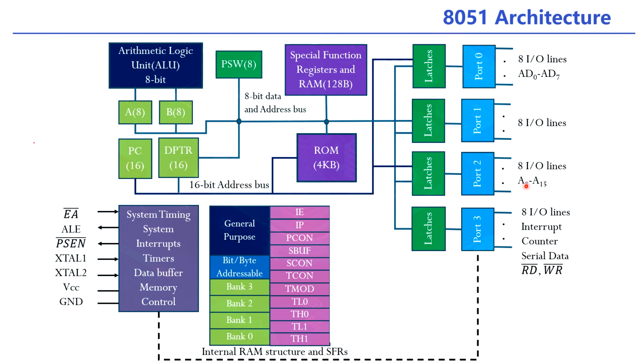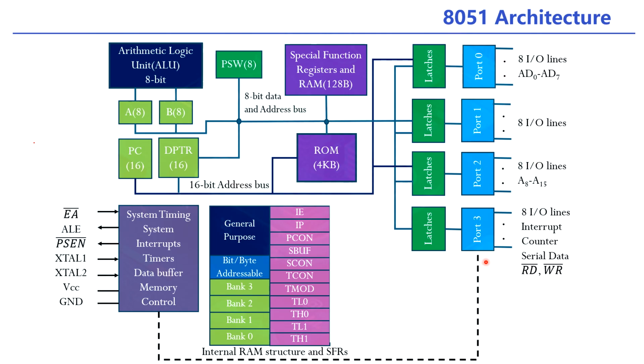Remember, for the addressing purpose 16 lines are required. So how to maintain this? We can maintain 8 address lines from port 0, and 8 address lines, A8 to A15, from port 2. Remember, right?